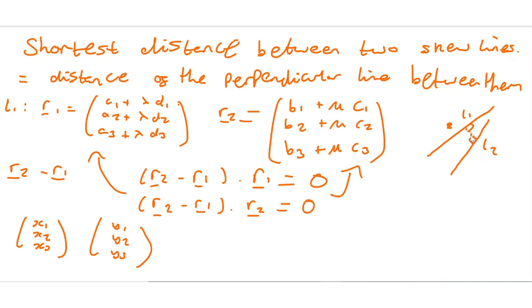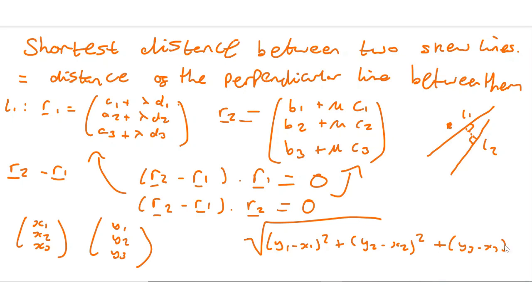Because we found the 2 points on the line that are closest to each other, and the distance would be the square root of (y1 minus x1) squared plus (y2 minus x2) squared plus (y3 minus x3) squared, all square rooted, and that would be our answer.